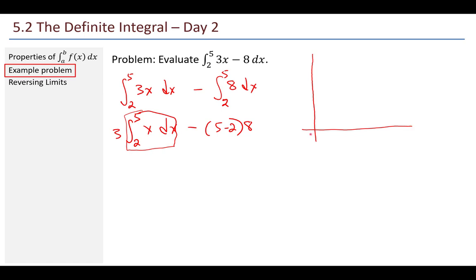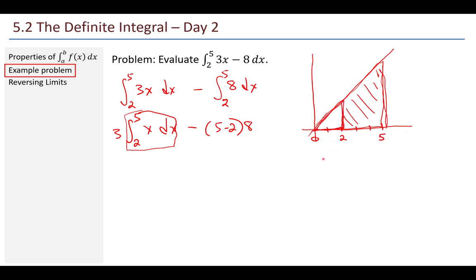So let's just draw the function x, that's y equals x, or f of x equals x. 1, 2, 3, 4, 5. So I'm going to go from 2 to 5. So this is the picture of the area that I want. How can I do that? Here's one way I might be able to do it. How about if I take the area of the triangle that goes all the way from 0 to 5, and I'm going to subtract the area of the triangle that goes from 0 to 2.